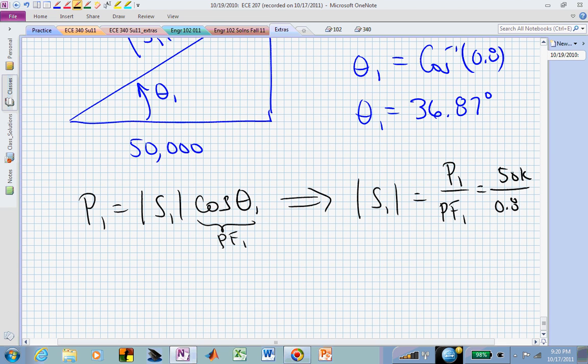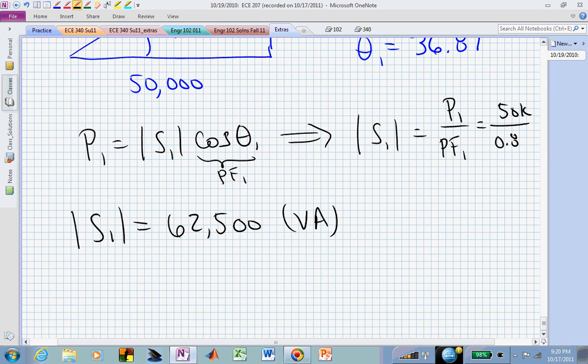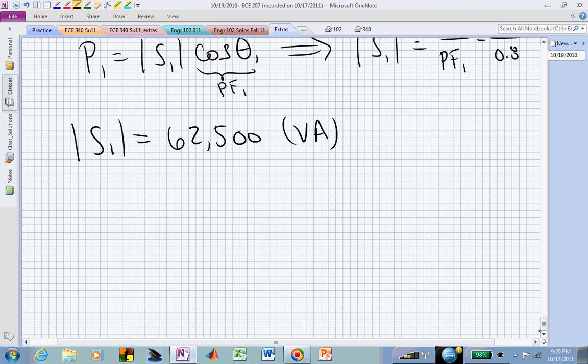So the apparent power is 62,500 volt amperes.